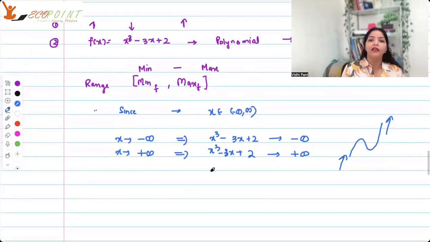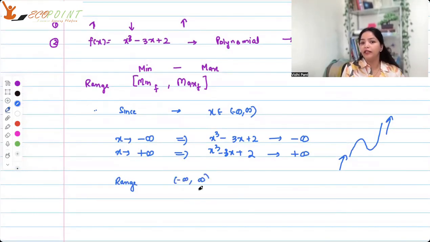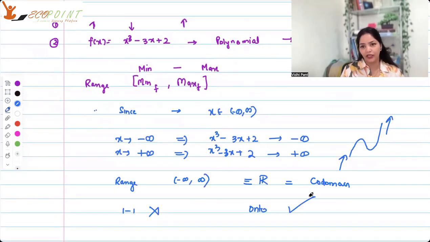This is how you can evaluate that the range actually has to be minus infinity to infinity. That is basically R, which is equal to the codomain. So therefore, this function is not one-to-one, but is this function onto? The answer is yes, this function is surjective.